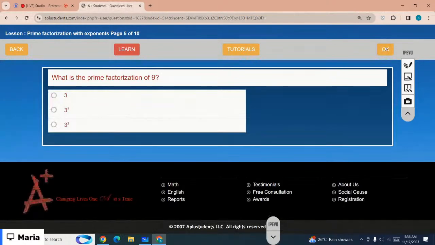What is the prime factorization of 9? Which is the correct option?